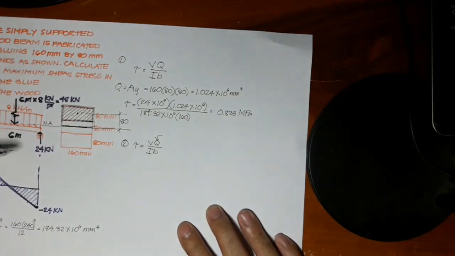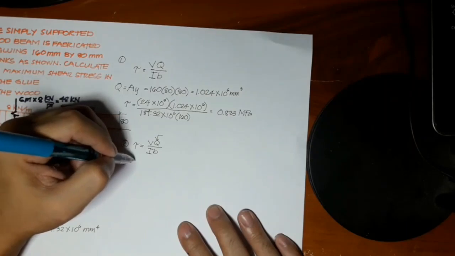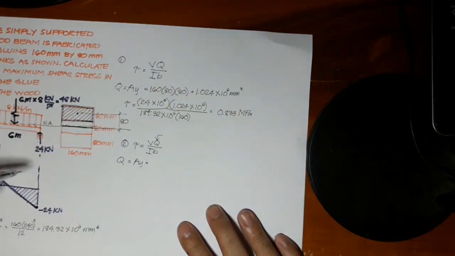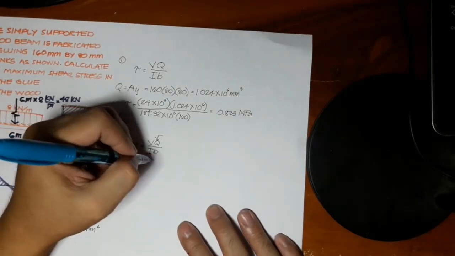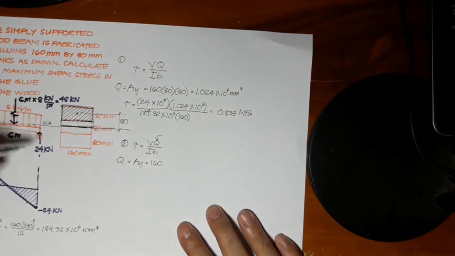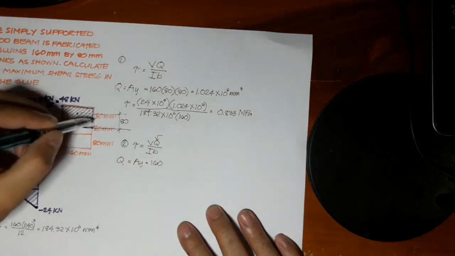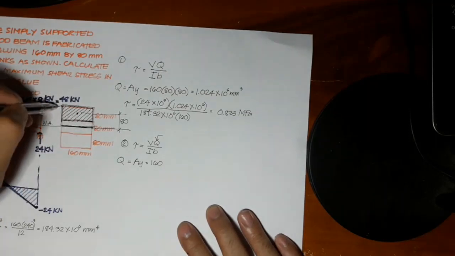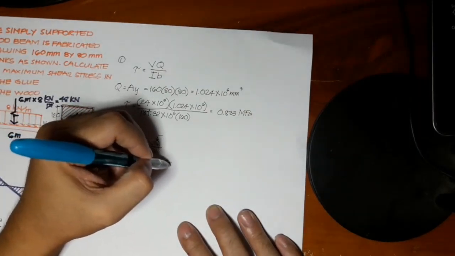Alright? So Q, considering the entire area, is base, which is 160, times height, which is, remember, 80, 80, 80, that's 240. Half of 240 is 120. So that will be 120.